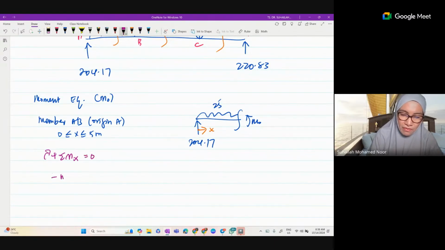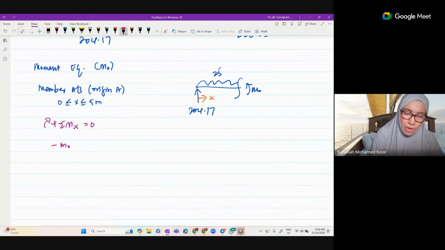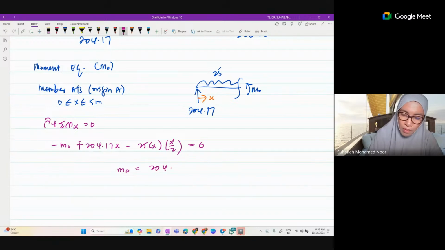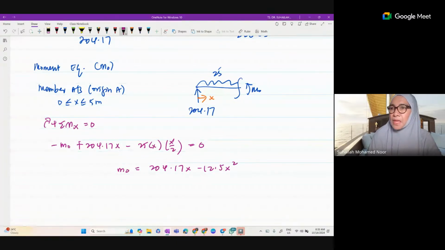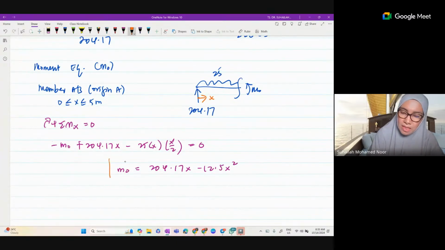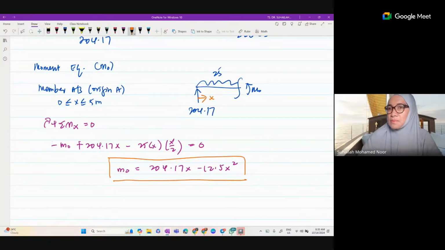So we have negative M naught plus 204.17 times X minus 25 times X over 2 equal to 0. So we get M naught equal to 204.17x minus 12.5x squared. So this is the first moment equation for member AB.